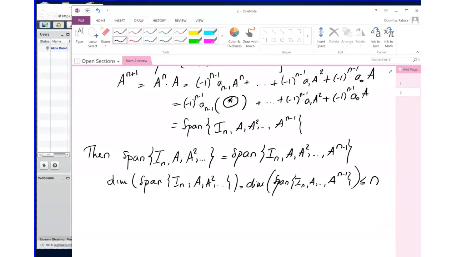Because it can happen that there are more linear combinations in that set that we have no control of, but you cannot exceed n. And that is what we need.